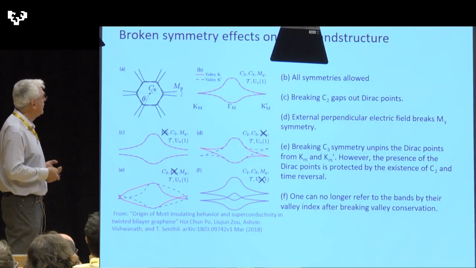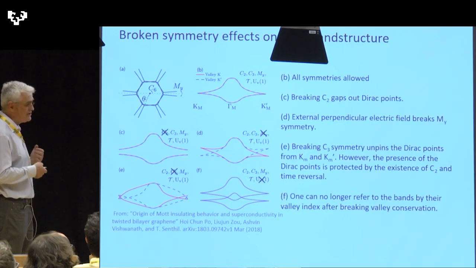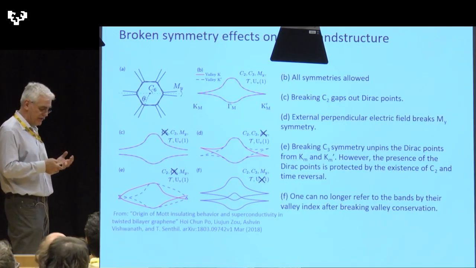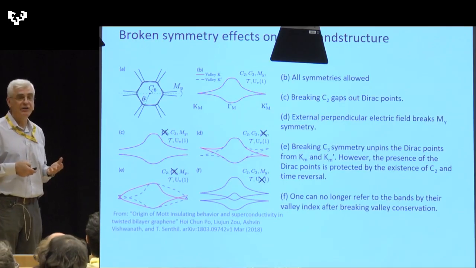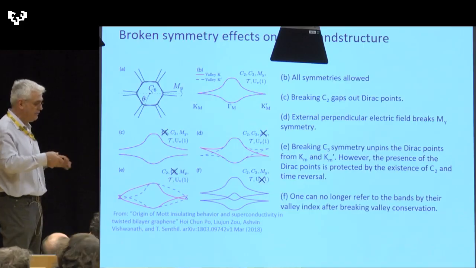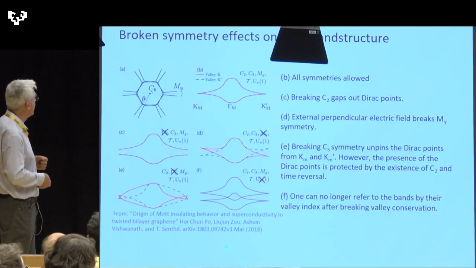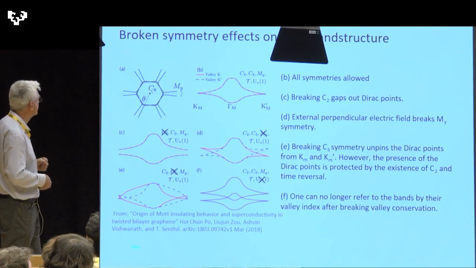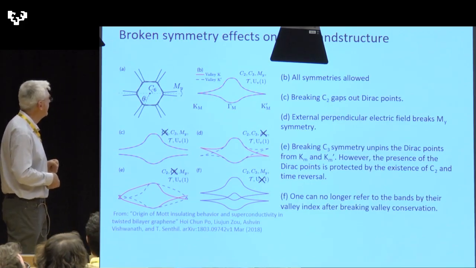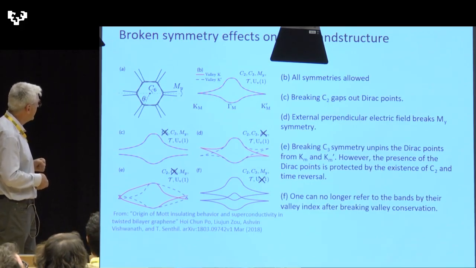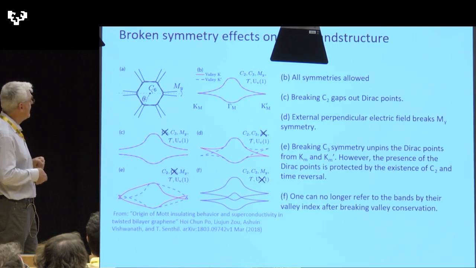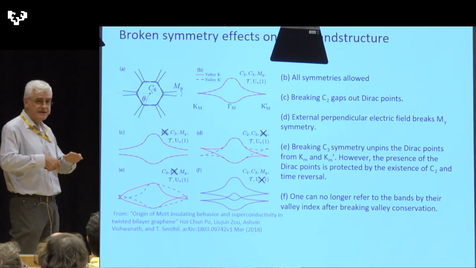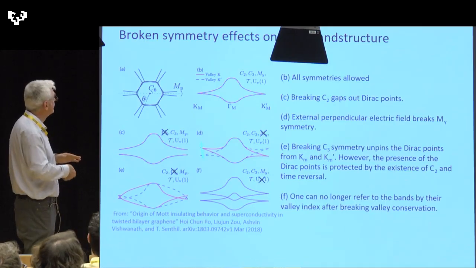Now, in order to gain more insight, several people have pursued arguments about the symmetry related to these states, the flat bands. This is a very nice work by the group of Ashvin Vishwanath and Senthil and their collaborators. And they looked at the different shapes of the flat bands if you assume the breaking of different symmetries.